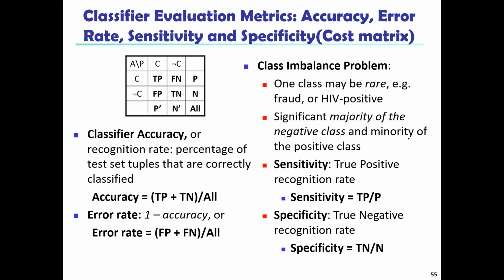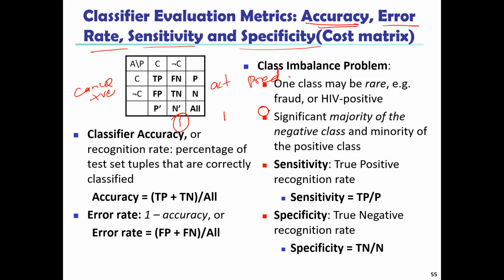Classifier evaluation metrics. How to find accuracy, error rate, sensitivity, and specificity. For example, let us consider we have actual class and predicted class for persons who are cancer positive. Suppose the first person actually has cancer, but the prediction is not having cancer.